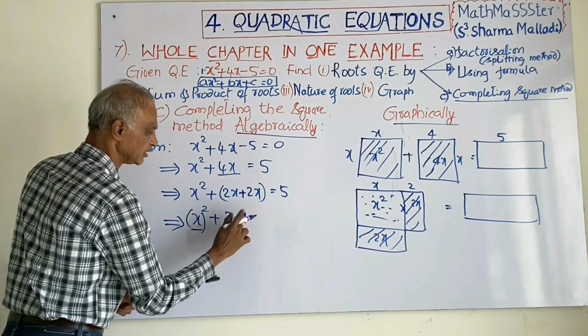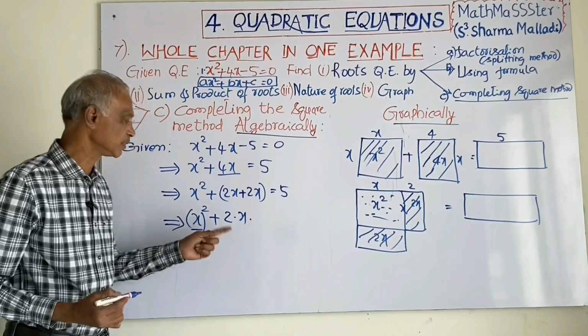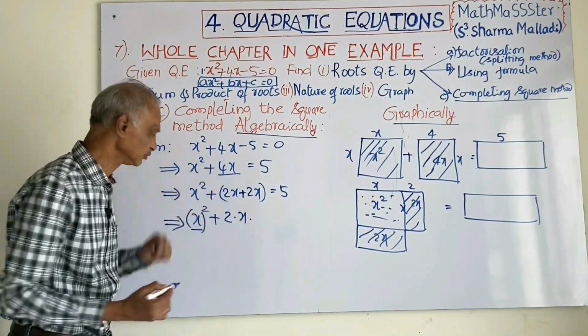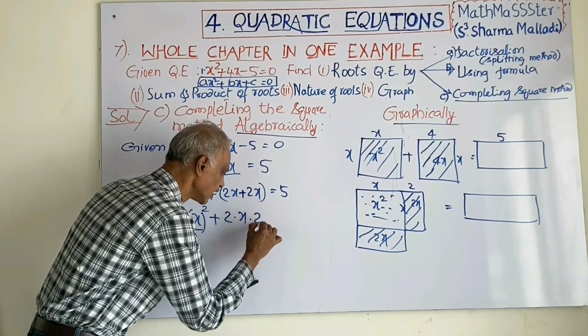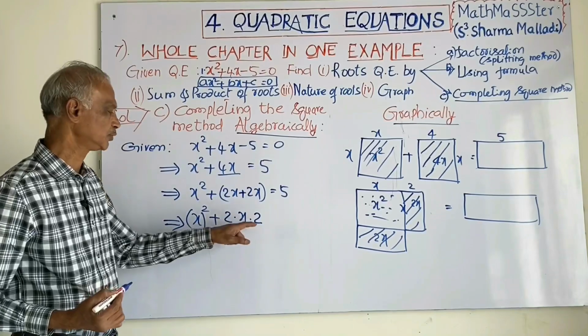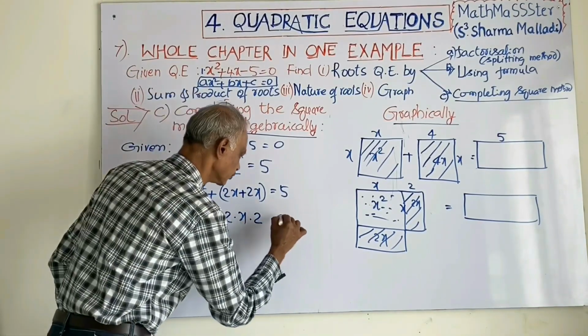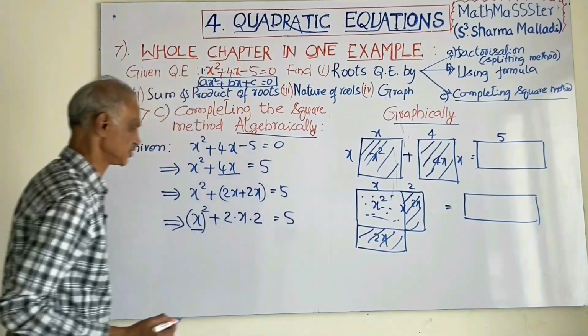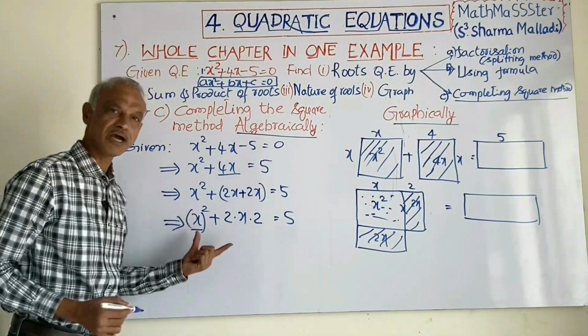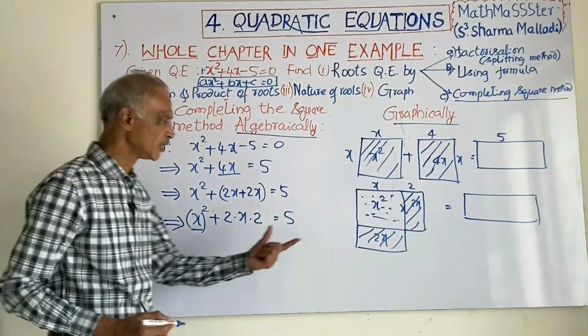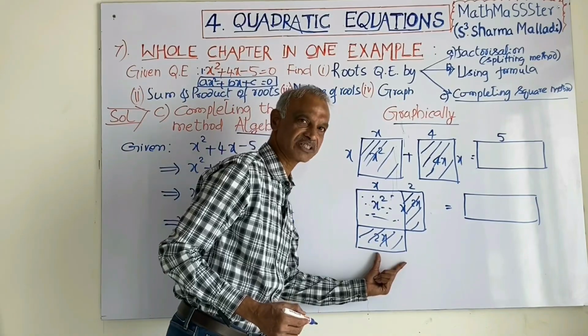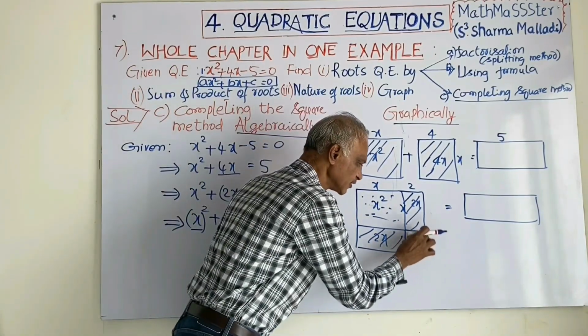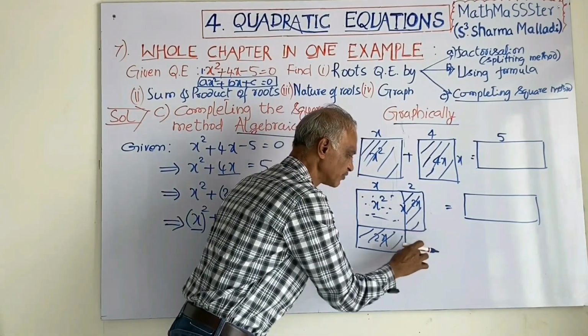By which number do you have to multiply to get 4x? I have to multiply with 2, is equal to 5. Same as it is, don't change it. Now we have to make it a perfect square.